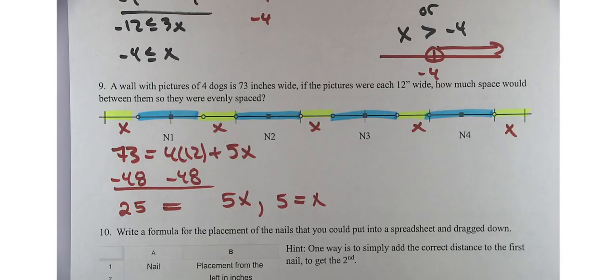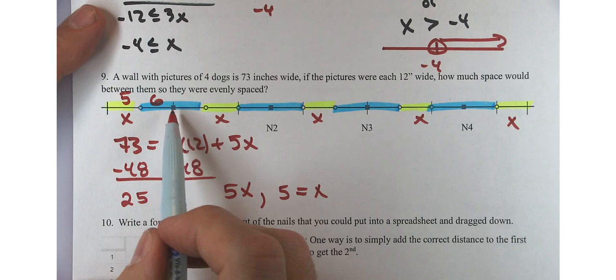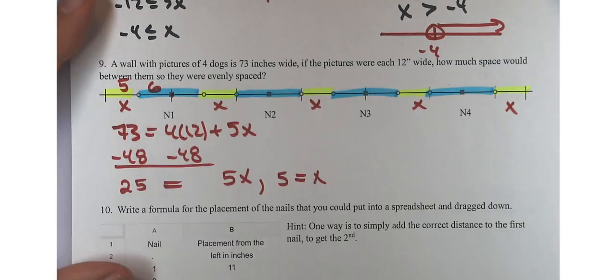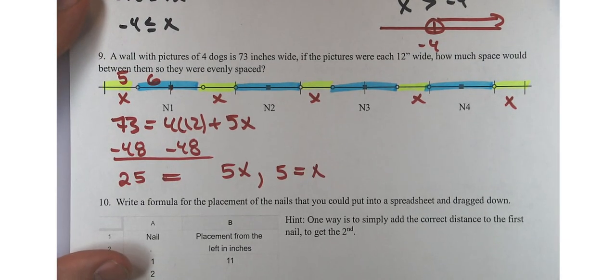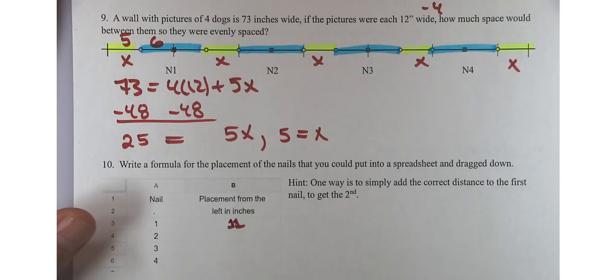Now, if that's 5 inches, and this is 6 inches, my first nail goes here at 11 inches. So we put that 11 inches here. Looking good. Well, let's figure out how far to my next nail.